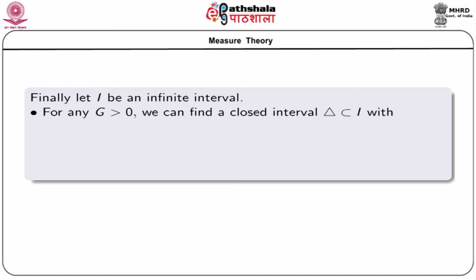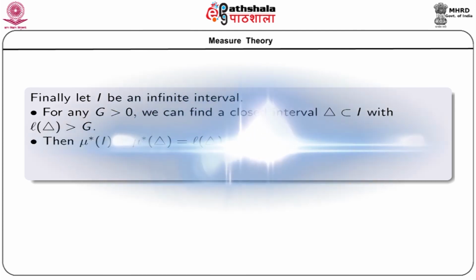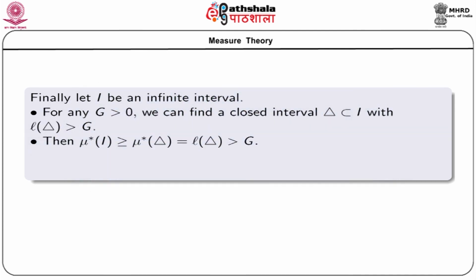Obviously, if we take the infinite interval open (a, infinity), I can always consider the closed interval [a plus 1, a plus g plus 2], and so I always have a closed interval delta subset of I with this particular property. Then mu star of I is greater or equal to mu star of delta, because I contains delta and mu star is monotone.